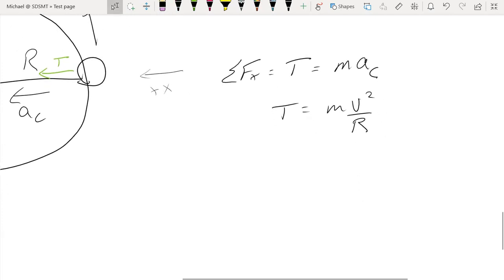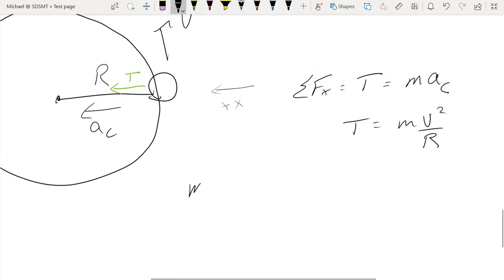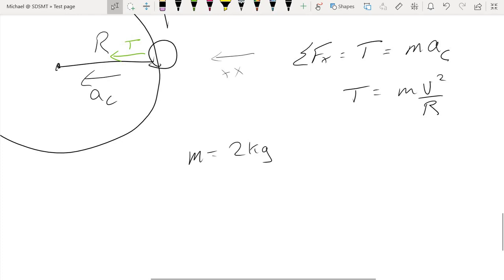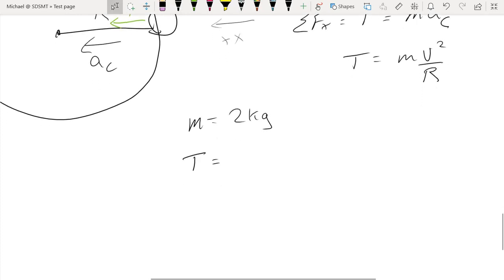Now we can apply this to a problem. Let's say your mass is 2 kilograms and the rope, if you ever go out and buy rope, especially if it's like climbing rope, it's usually rated for a certain amount of weight, and you should not exceed that rating, otherwise it could break, and then you have a lot of problems after that.